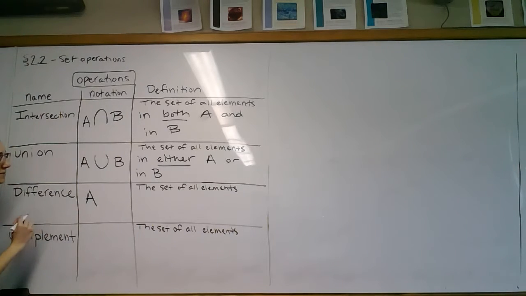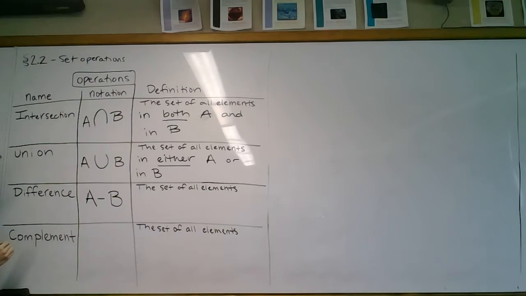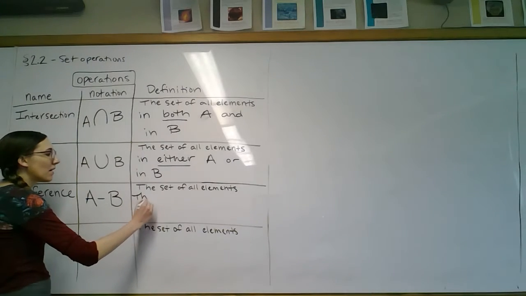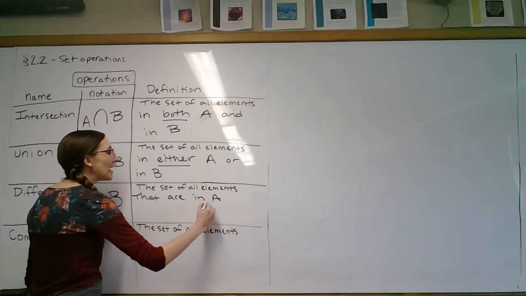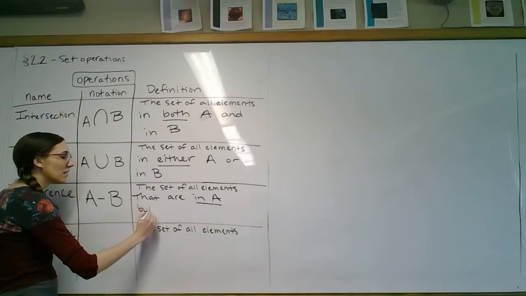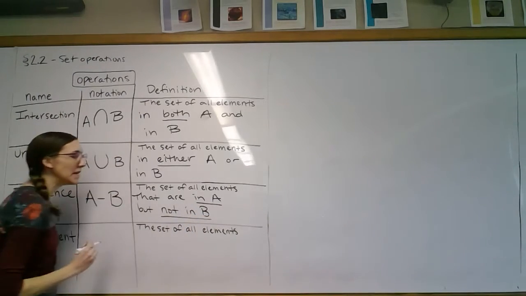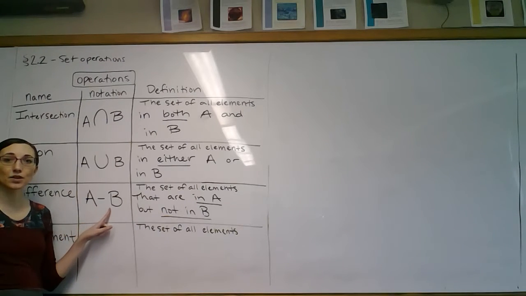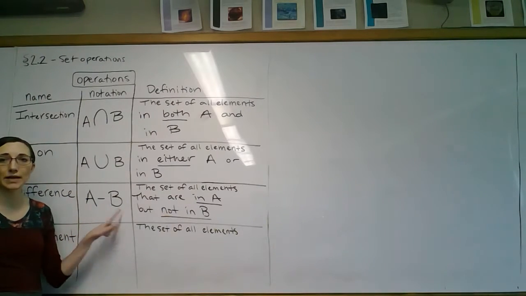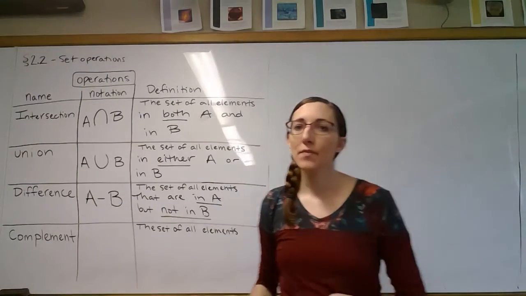So the difference is going to be like A minus B. This is the set of all elements that are in A but not in B. So you're going to literally start with the set A and then subtract out the elements that were in B. You'll eliminate some of them. So it's like a subtraction.